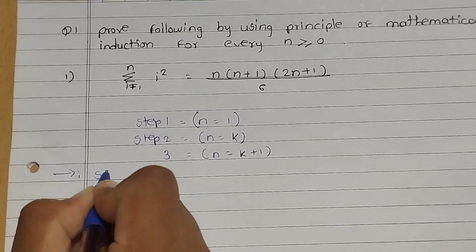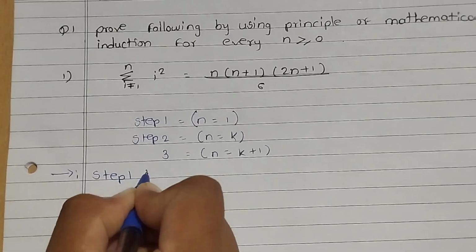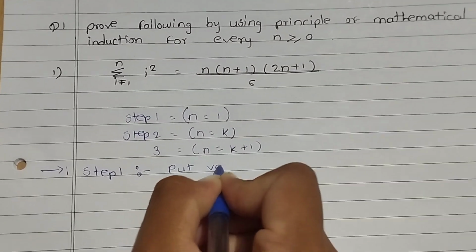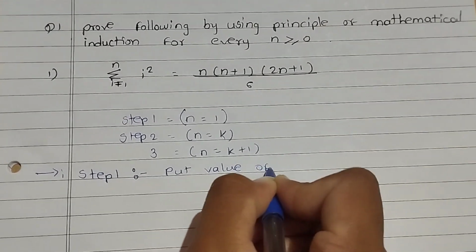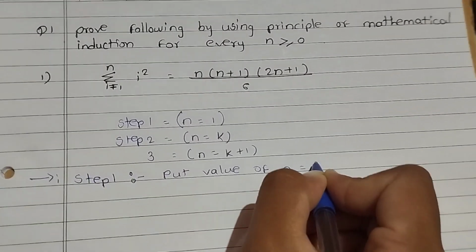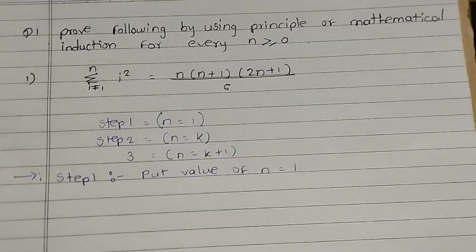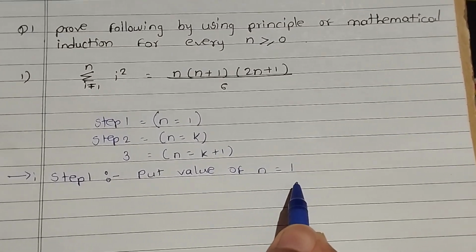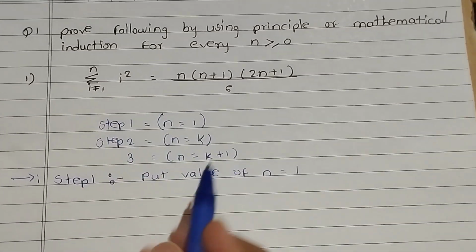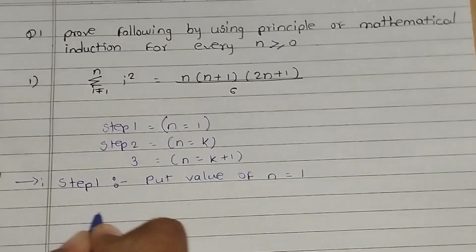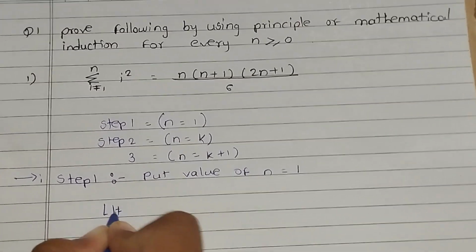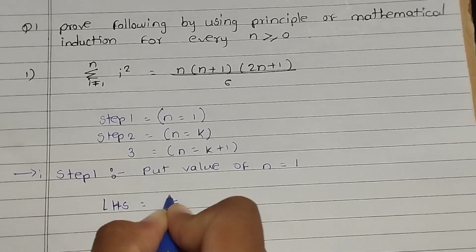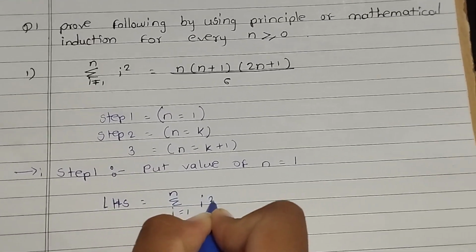So our first step, step number 1: put the value of n equal to 1. When we put n equal to 1 in the LHS, the LHS is equal to the summation of i equals 1 to n of i square.